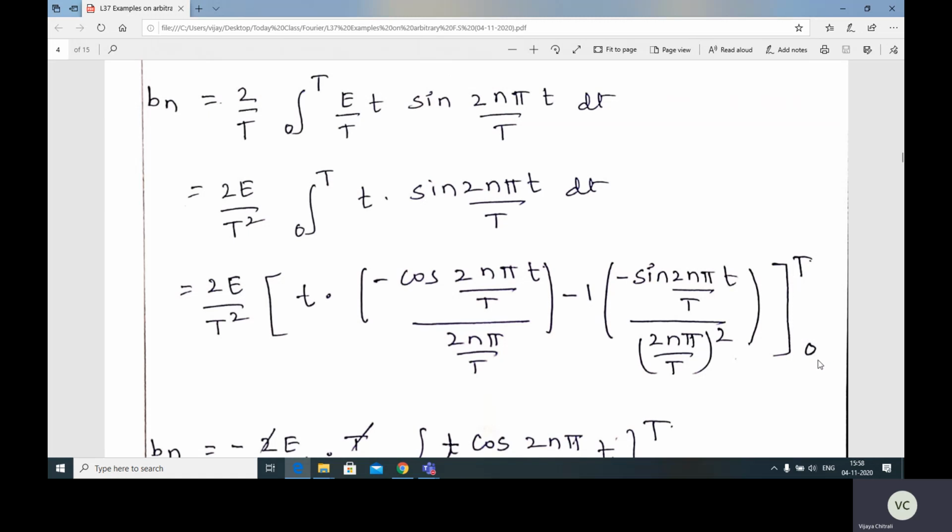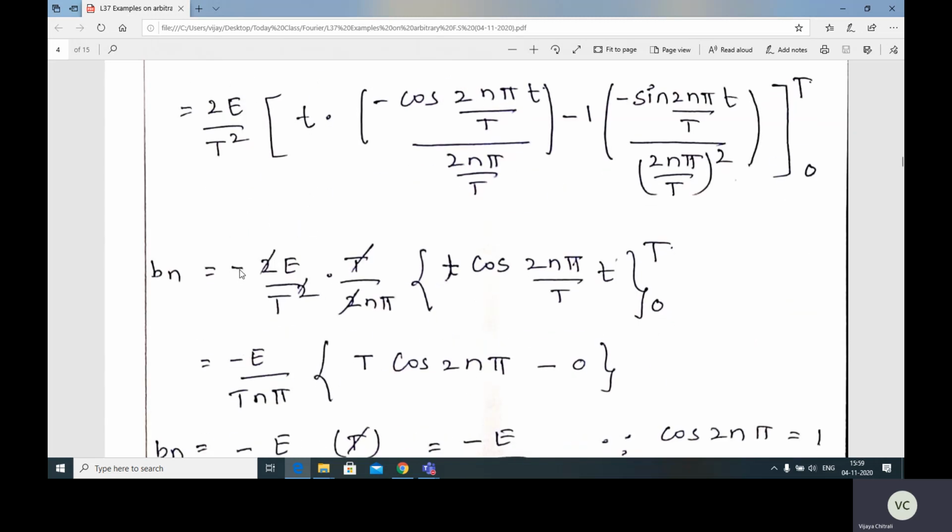So the next terms you will get as 0. Now the limits vary from 0 to T. Now I will take advantage of this sine function and the limits also. Substitute in place of small t a capital T, so both get cancelled. Now sine 2n pi is 0, and substitute 0, so sine 0 is 0. So this term is 0. So apply the limit for only this term. Take this minus and 2n pi divided by T outside.